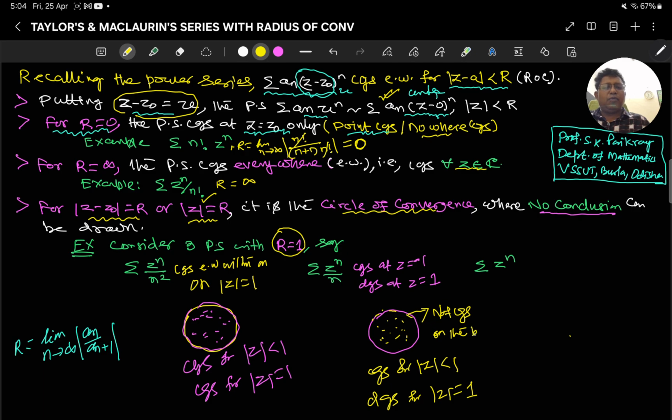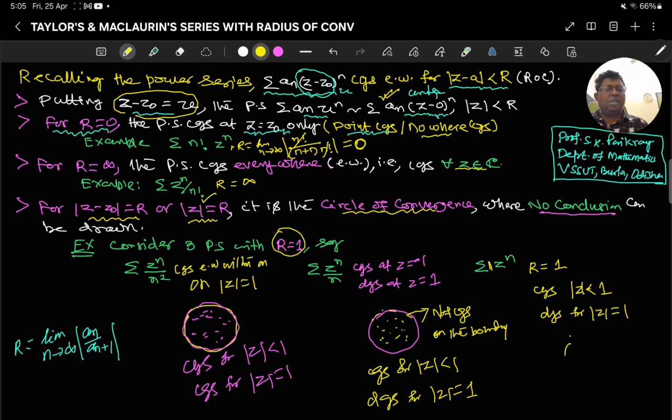Right. Now what will happen to the series z^n? Here a_n is 1. So the radius of convergence, limit n tends to infinity of |a_n / a_(n+1)|, is 1. It converges for |z| less than 1, but diverges for |z| equal to 1.